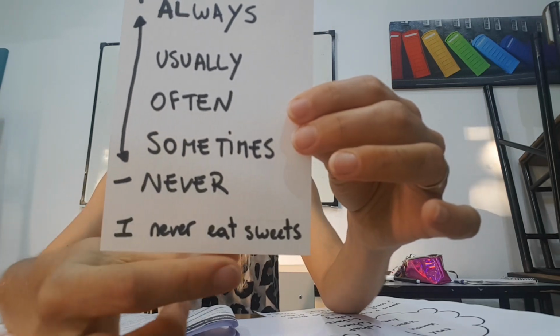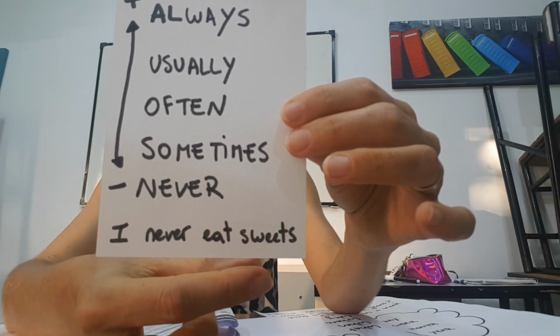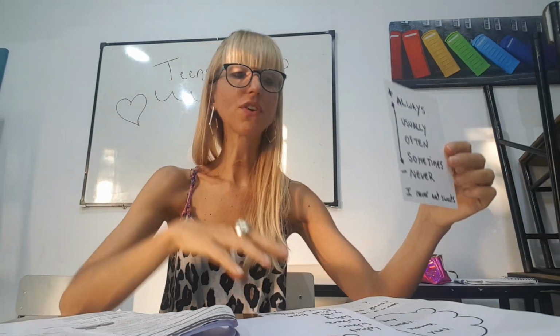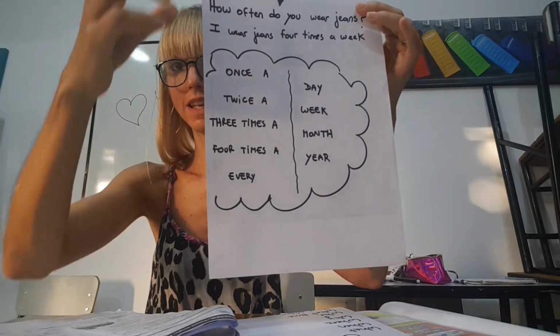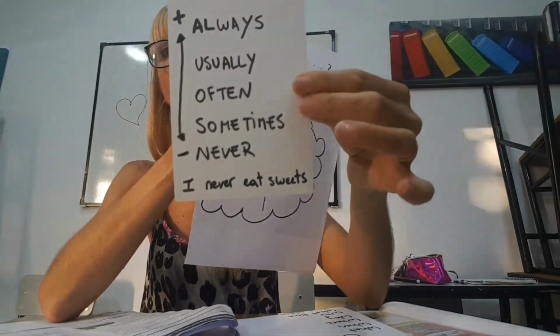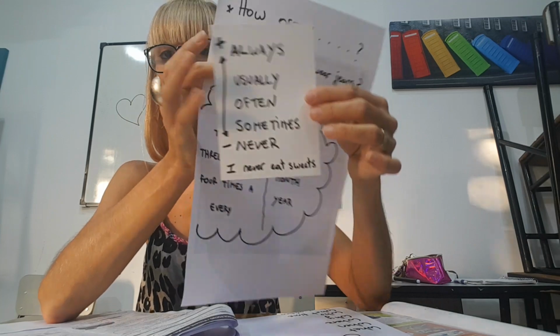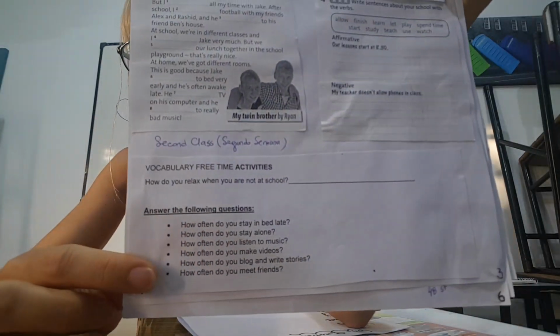Yo nunca como dulces. Okay? Well, so they are the different ways to express frequency. With these expressions or with the adverbs of frequency. So using any of these expressions, you have to answer these questions about you.